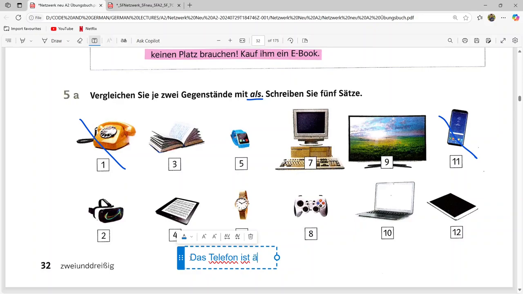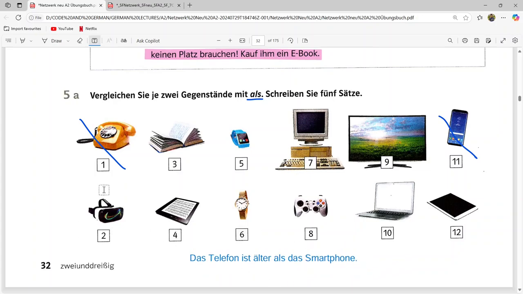So Telefon ist älter als das Smartphone. The telephone is older than the smartphone. Okay, so we can write sentence like this. So das Telefon ist älter als, we used als, in English it is than, als das Smartphone.